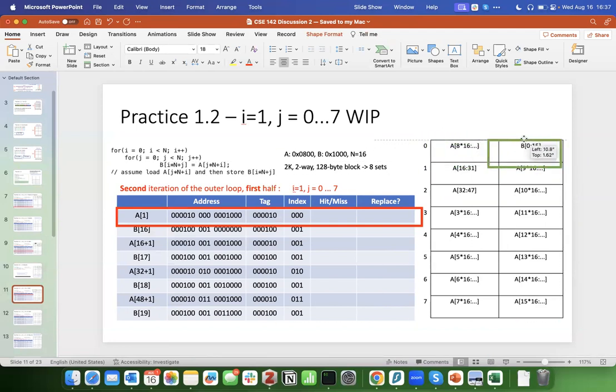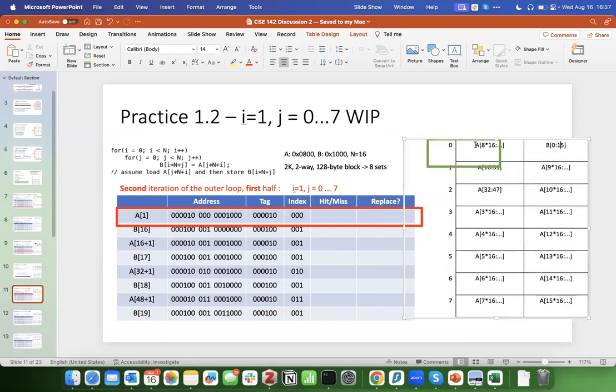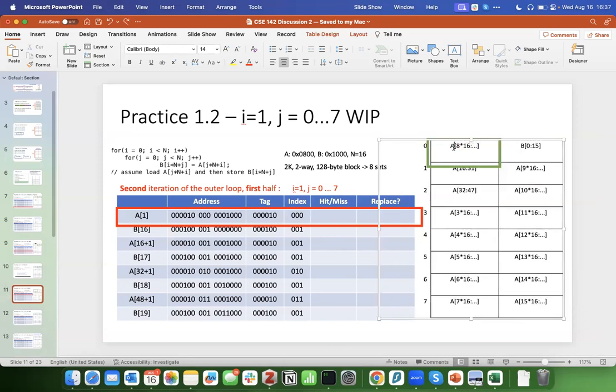So I need to throw away one of them. Which one do I throw away? I'm going to throw away A, right? Because the memory access right before it was B15, right? So B is going to stay in the cache. We're going to replace this block.